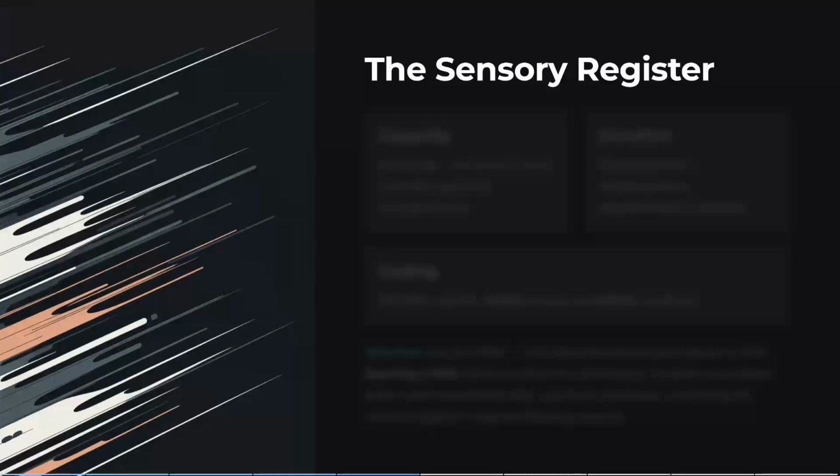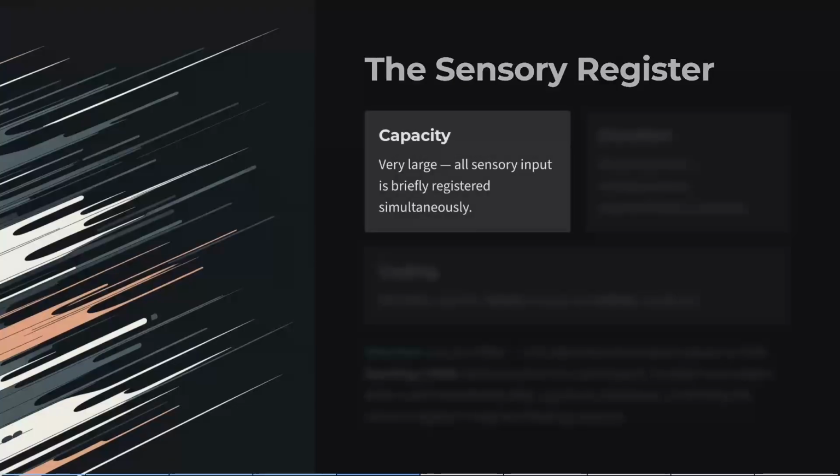The sensory register is the entry point of the entire memory system, and it's both enormous and extraordinarily brief. In terms of capacity, it's very large. Every piece of sensory information hitting your eyes, your ears, your skin, your nose, your tongue right now is being registered simultaneously.